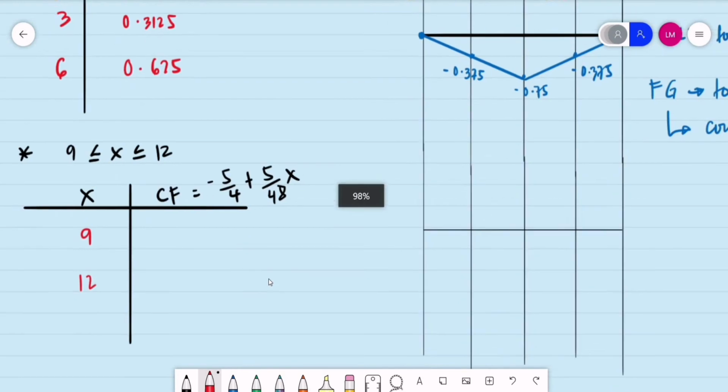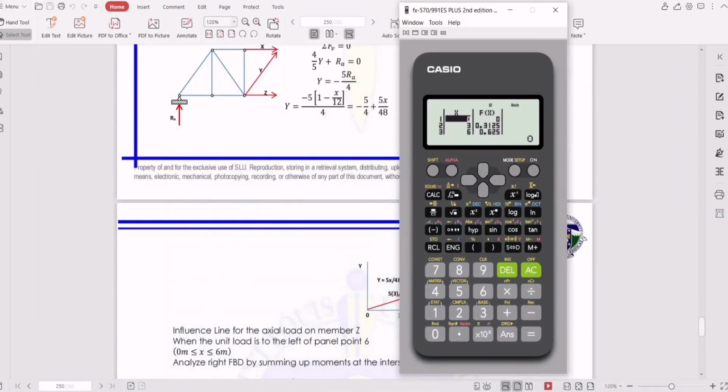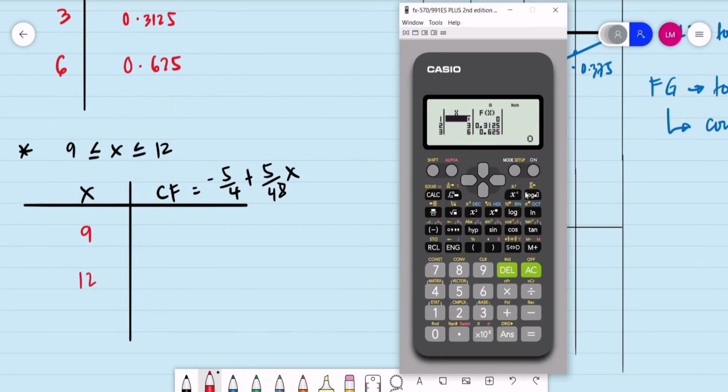Then for the next interval, from 9 to 12, we have our equation: negative 5 over 4 plus 5 over 48 of x.